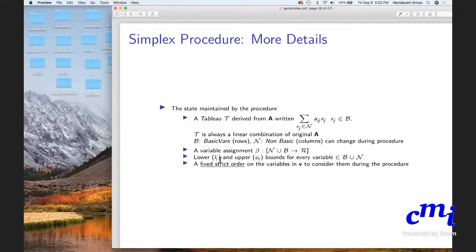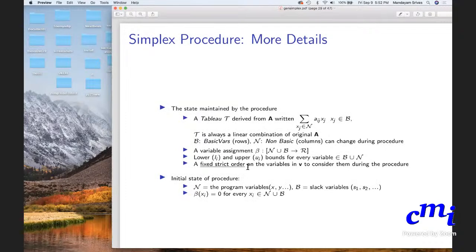Now there is a fixed set of lower and upper bounds for every variable in B union N, and a fixed strict order on the variables V to choose which one variable from the basic set and the non-basic set to pivot. Okay, these last two bullets don't change; they are fixed for the entire duration.